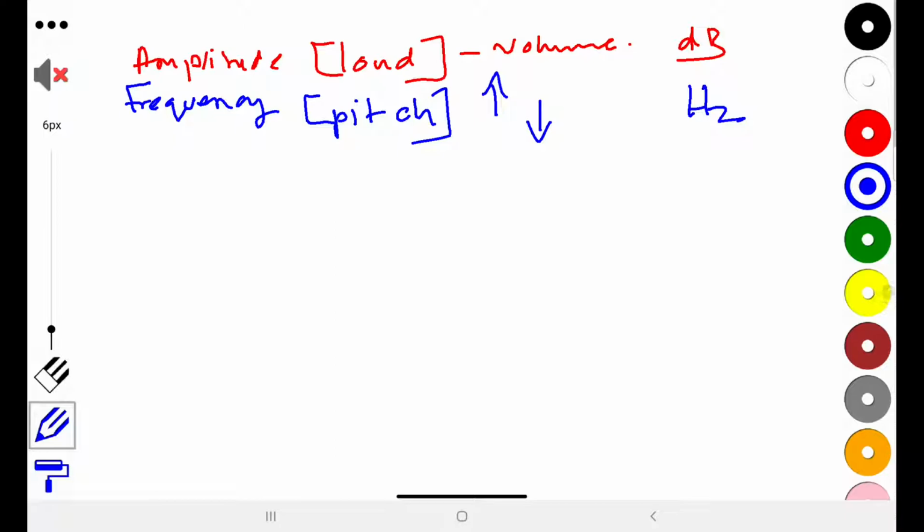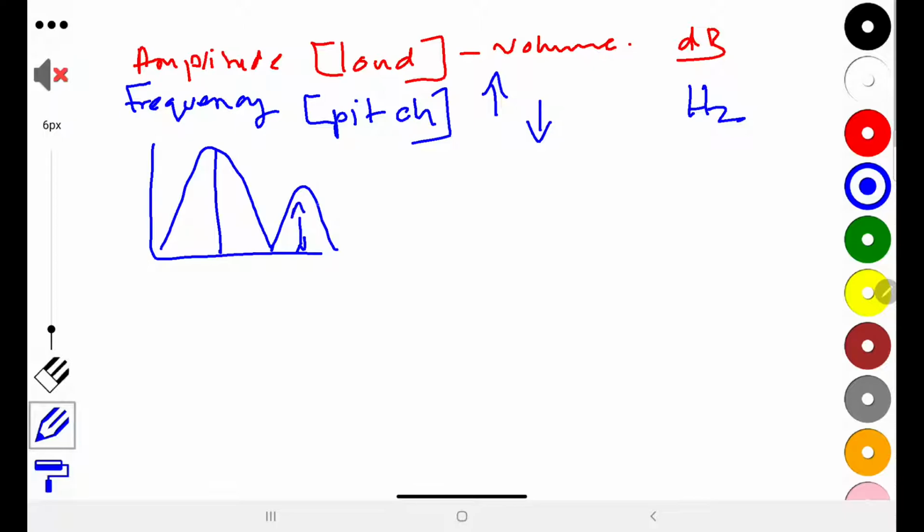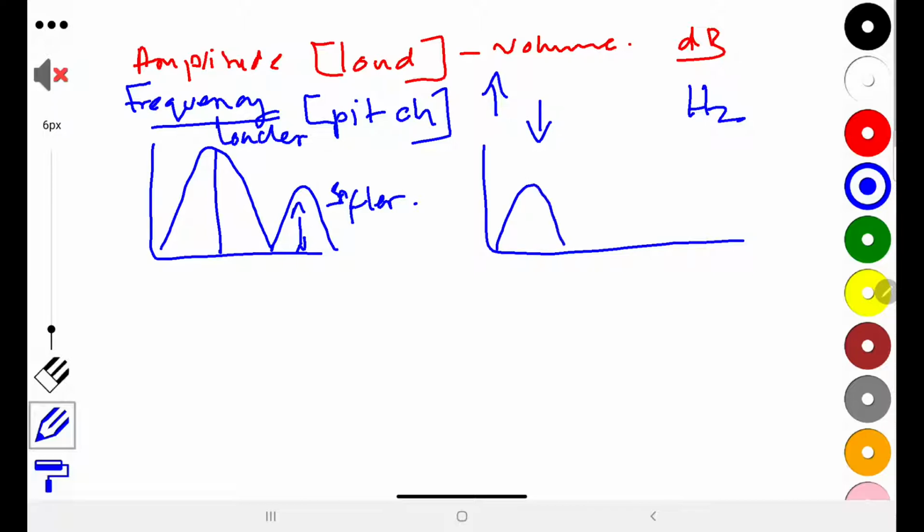So you find that several characteristics can be measured using a graph. If the amplitude is high compared to a lower amplitude, you find that the sound is louder here and softer here. The volume is low. And when it comes to frequency, when you have slow frequency and then increased frequency, there's a difference.